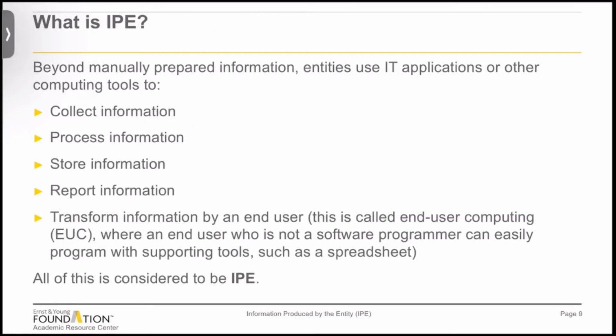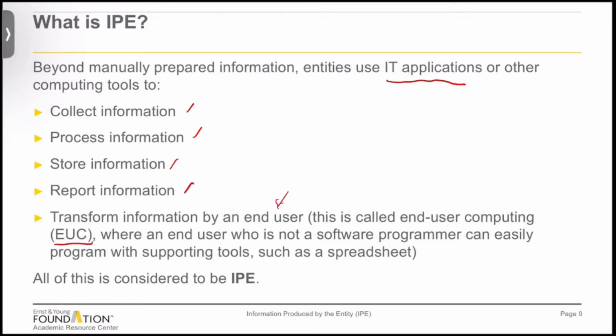Again, what is IPE? Beyond manually prepared information, entities use IT applications or other computing tools to collect information, process information, store information, report information, and transform information by an end user. This is called end user computing, or EUC.